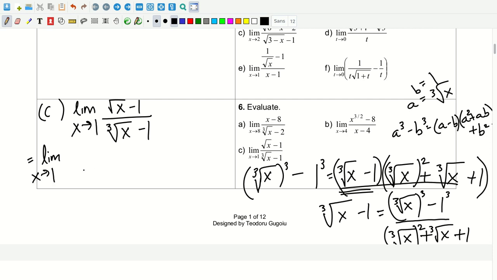So I'm going to switch everything up. On the bottom now I get the numerator, minus 1 cubed, and on the top I get root of x minus 1, but I also get this.